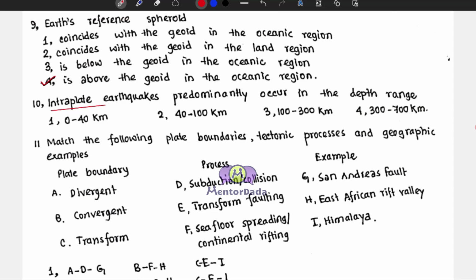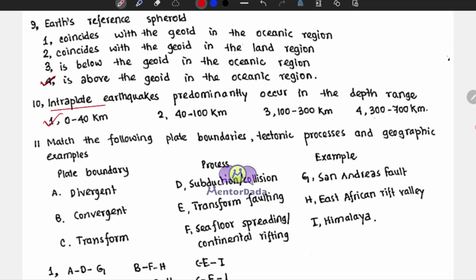Interplate earthquakes are always very shallow focus earthquakes. So option number 1 will be your correct answer. And we all know that shallow focus earthquakes are most frequent, and most earthquakes occur along the convergent plate boundaries, mainly in the Pacific Ring of Fire. And deep focus earthquakes are very rare.